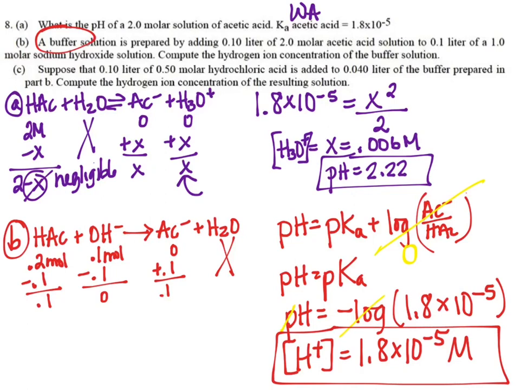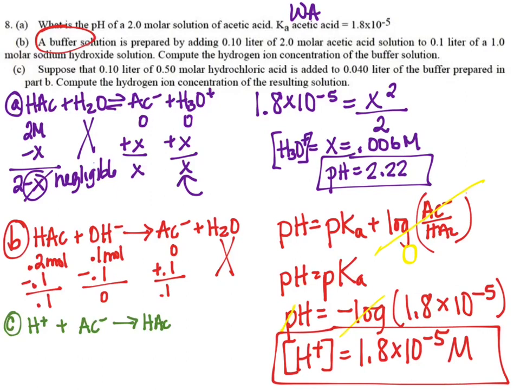All right, now let's go to C. Suppose that 1 liter of molar hydrochloric acid, so now we're taking hydrochloric acid and we are going to invade our buffer that we made in part B. So if we add acid in here, a strong acid, it's going to interact with our ion to give us HAC.